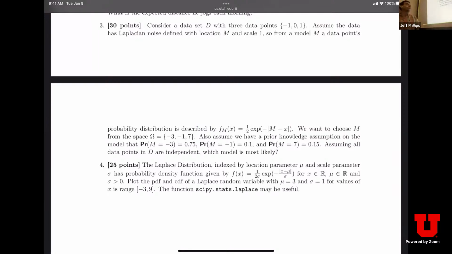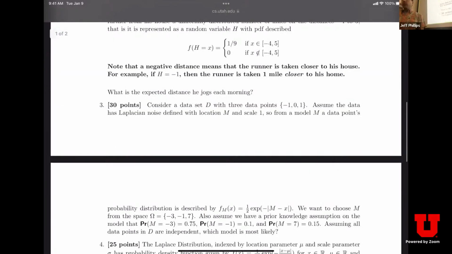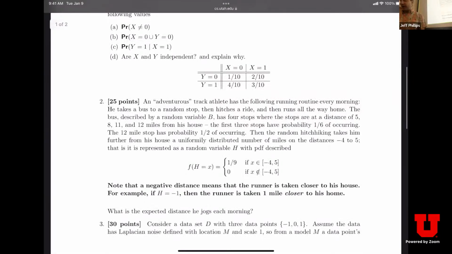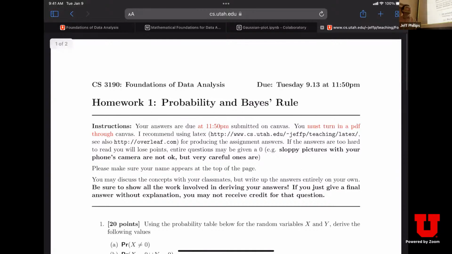And the homework will be to change some aspects of what we're doing, just to get familiar with it. The third question will make more sense after the lecture on Thursday. This is not due until Tuesday, September 13th. So you've still plenty of time to work on this.